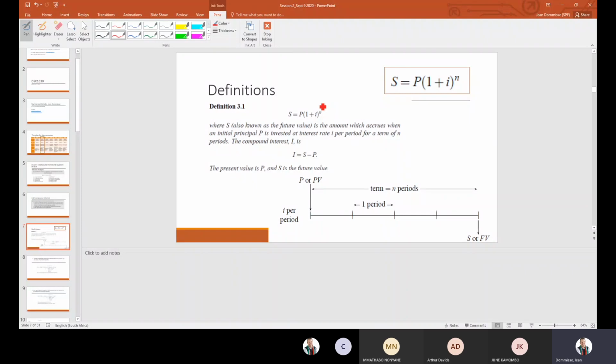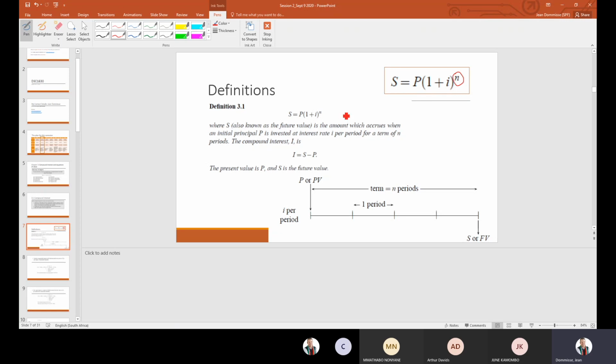The only difference is in how the formula is written, and basically where the time period was normally within the calculation when we had simple interest. Now basically with that it tells you that you are getting interest on interest.